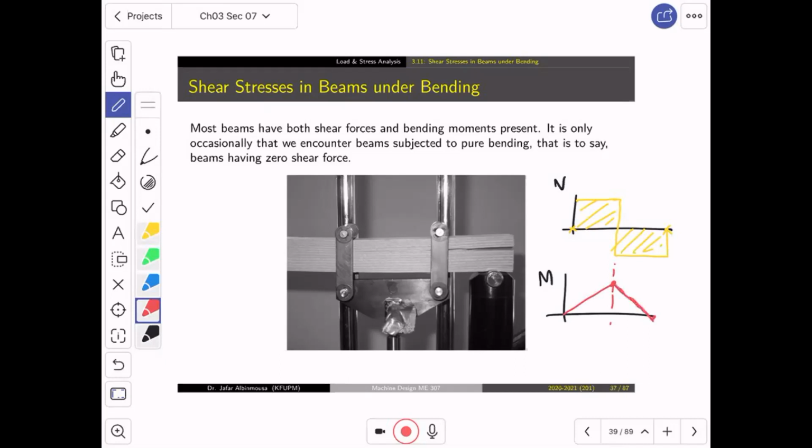Now, what is this length? This is X, this is X. X represents the length of the beam. So in reality, this could be an I-beam sitting, ya shabab, on two supports with a perpendicular force acting on it. So let's say this beam has a cross-section similar to the one we had before.